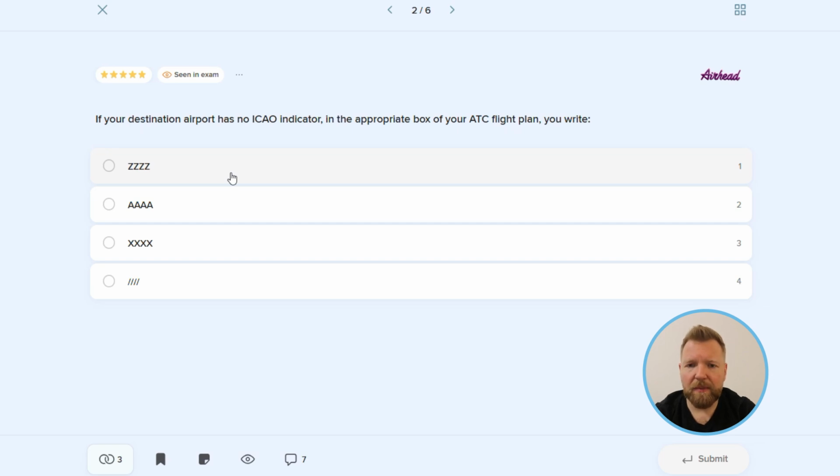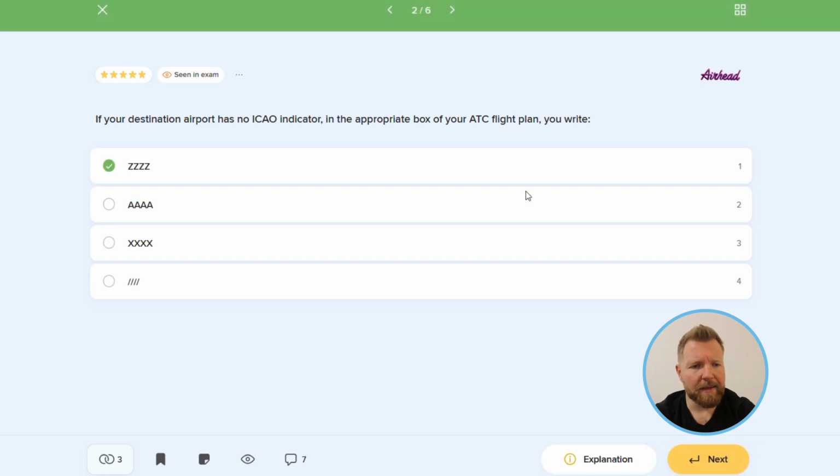This entry has to be preceded by 3 letters, namely Delta Echo Papa, so the shortcut from departure, followed by a slash and appropriate information regarding the aerodrome. So the correct is answer number 1. If there is no ICAO indicator, the appropriate box of the ATS flight plan has to be filled with 4 Zulus. And answer number 1 is correct.